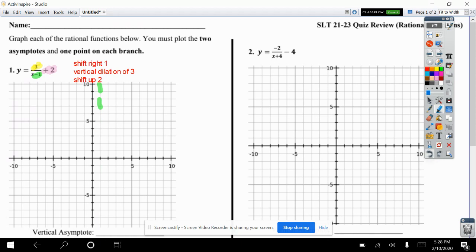I'm going to draw that one more time. So I shifted right 1. So that's my new vertical asymptote. Okay, I should probably just do it with the pen because this is just too thick. Sorry.